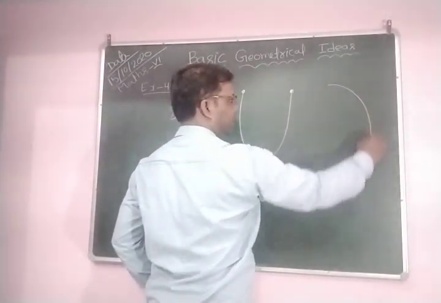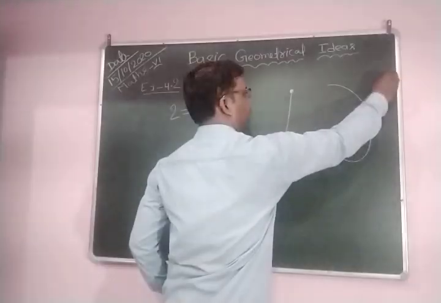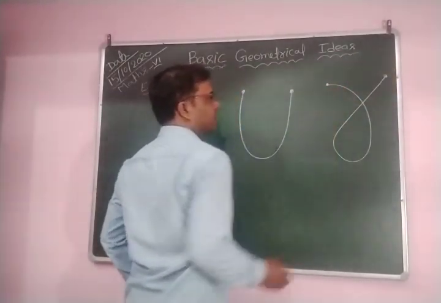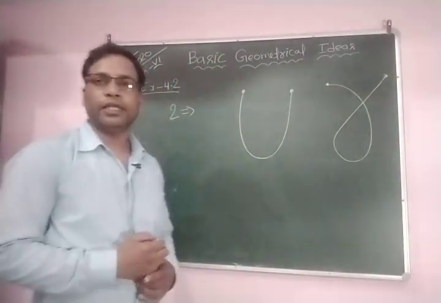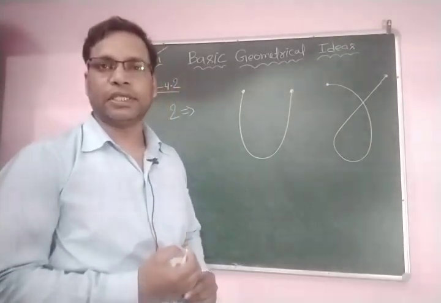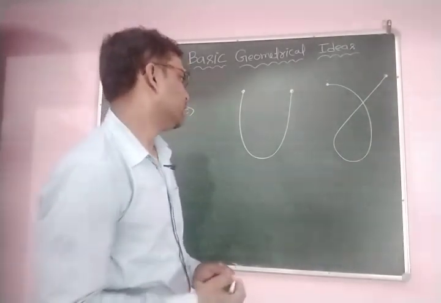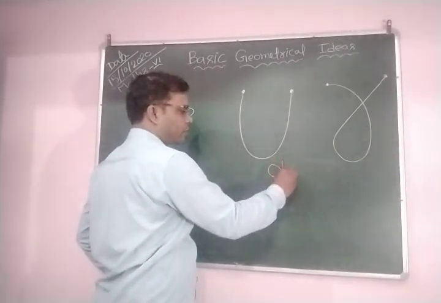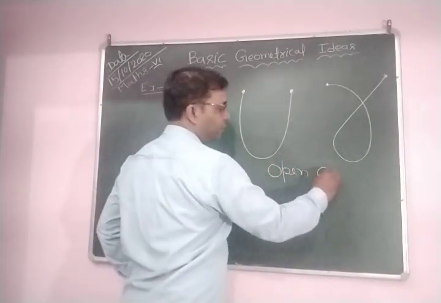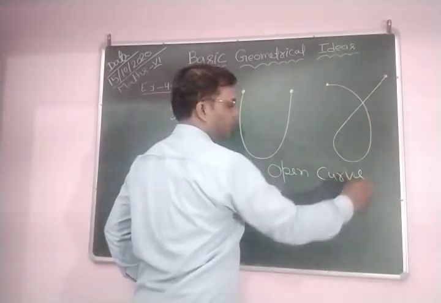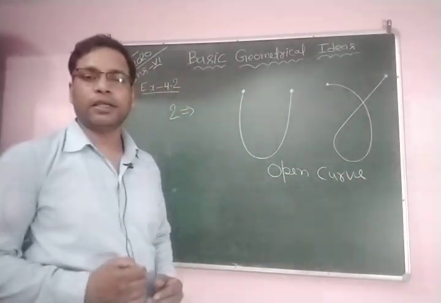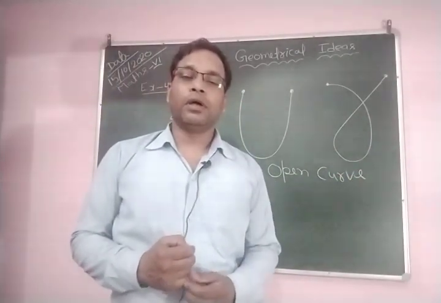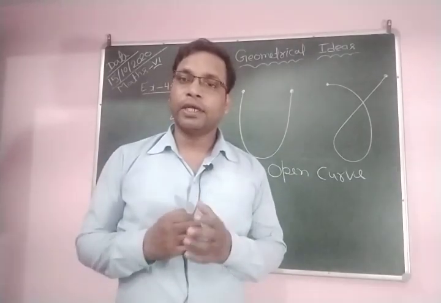You can draw it like this. This is also an open curve because the initial point and the end point are at different places. Clear? Now this is called an open curve. Now we are going to draw a closed curve.